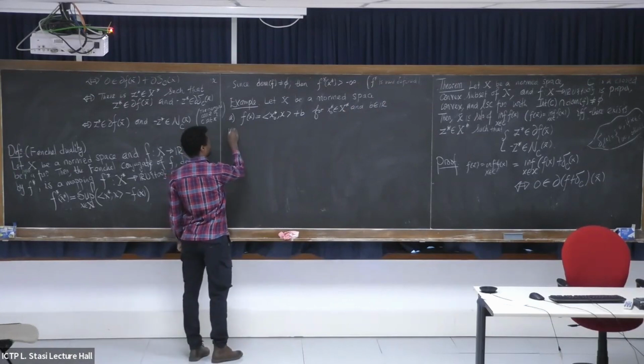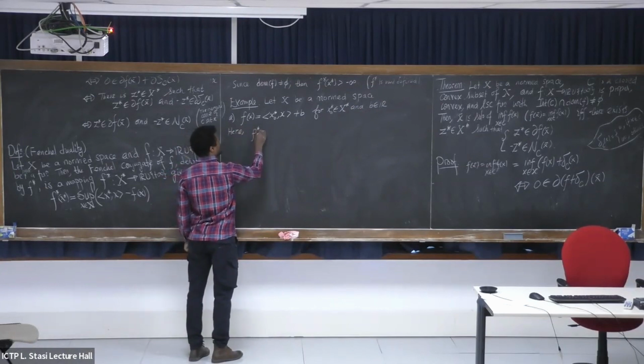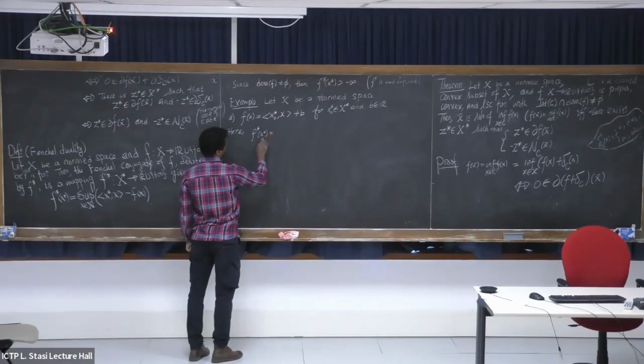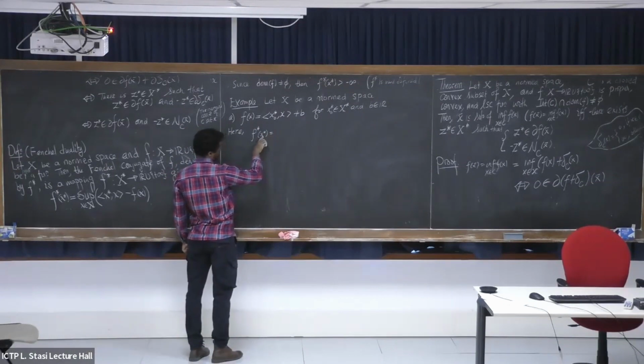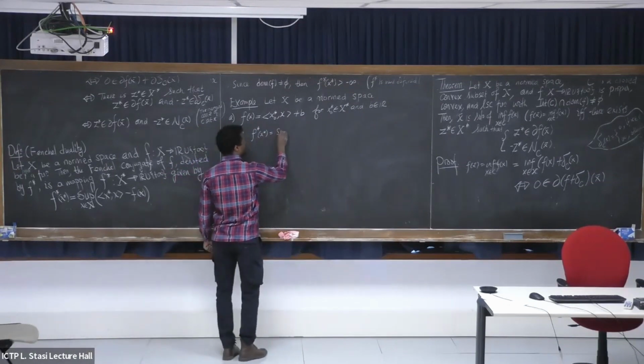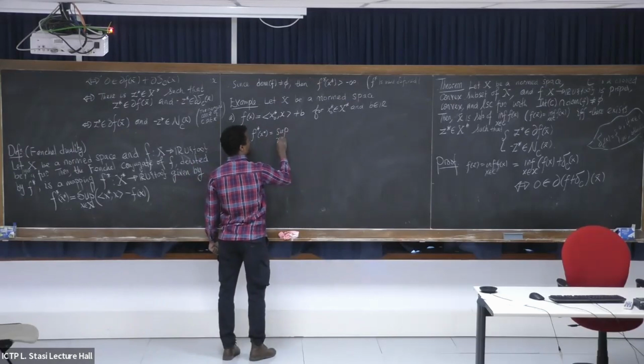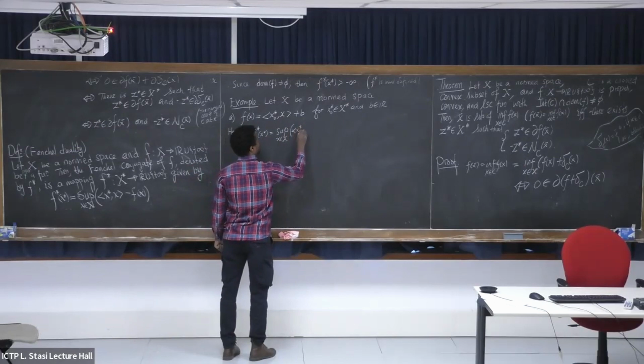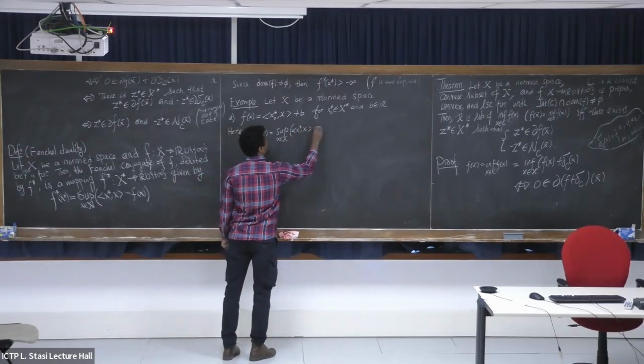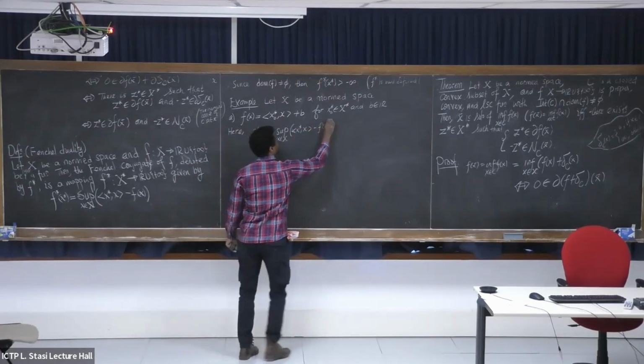So here, f star of an arbitrary point x star in the dual is equal to the supremum, by definition.